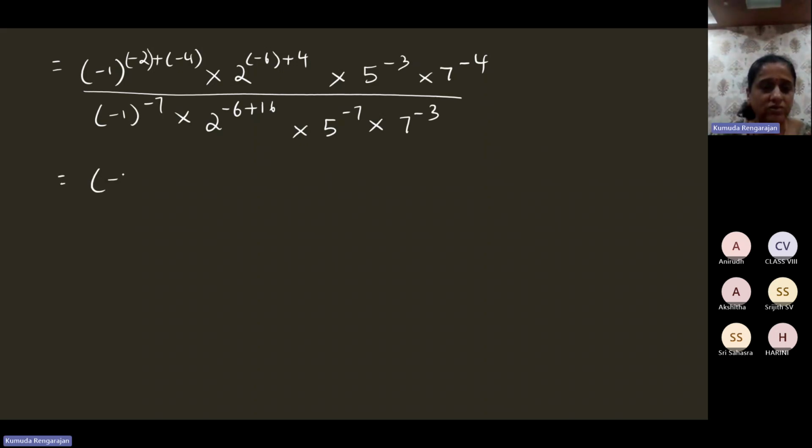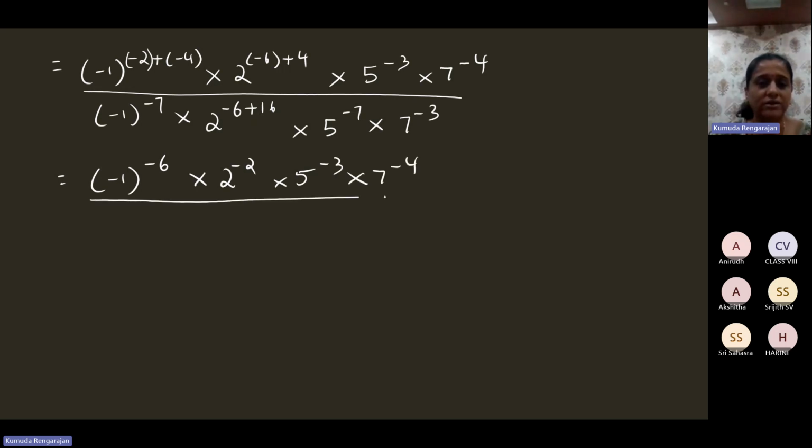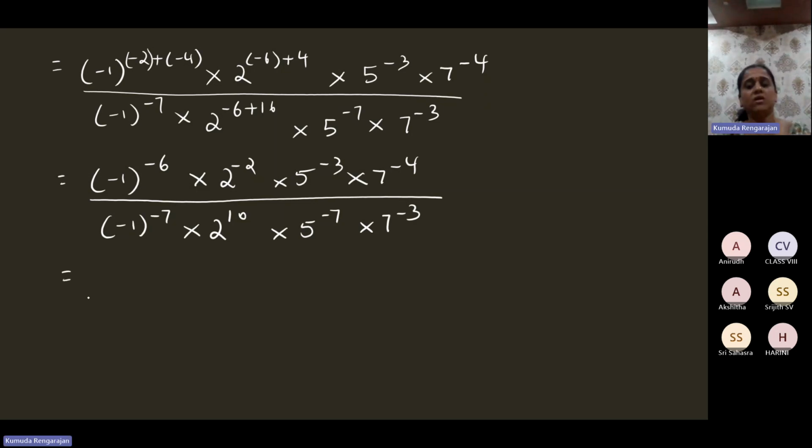So we have minus 1 to the power minus 2 minus 4 is minus 6, into 2 to the power minus 2, into 5 to the power minus 3, into 7 to the power minus 4, divided by minus 1 to the power minus 7, 2 to the power 10, into 5 to the power minus 7, into 7 to the power minus 3. Now it's division. Bases are the same, so we'll subtract the powers.